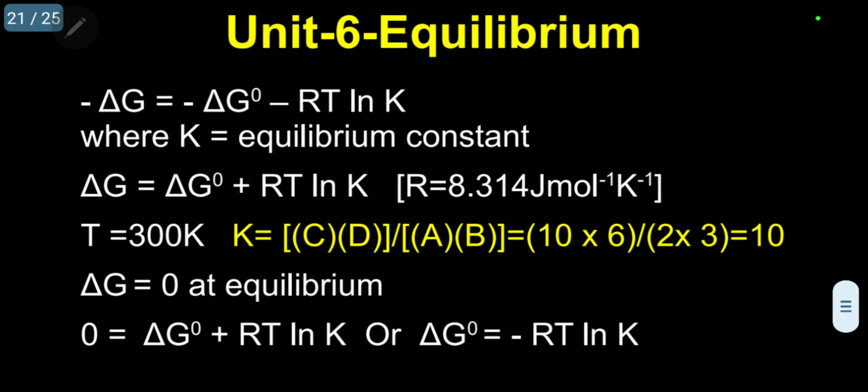We know from the equilibrium constant, delta G equal to delta G0 minus RT ln K, where K is the equilibrium constant, delta G is the free energy and delta G0 is the standard free energy at NTP. Now multiplying this equation throughout by minus, we get delta G equal to delta G0 plus RT ln K. The R value is given already, 8.314 joule per mole per Kelvin.